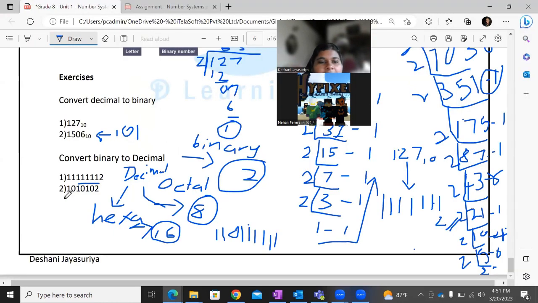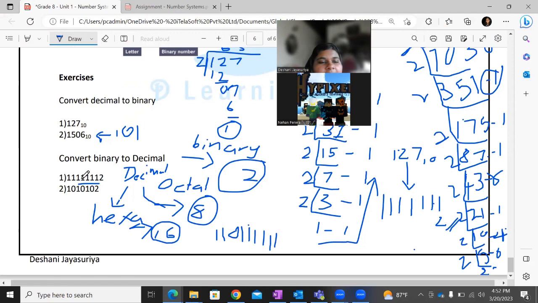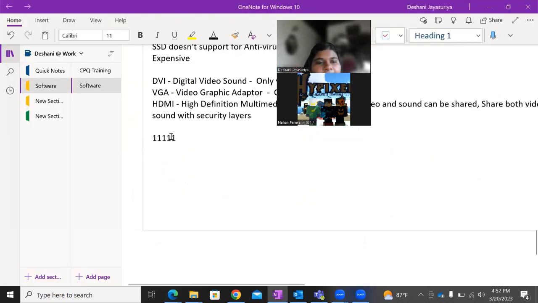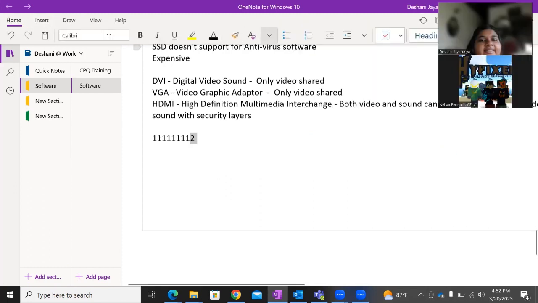And 2 is the base, right? I think a small mistake this side. You can add the base values like this.